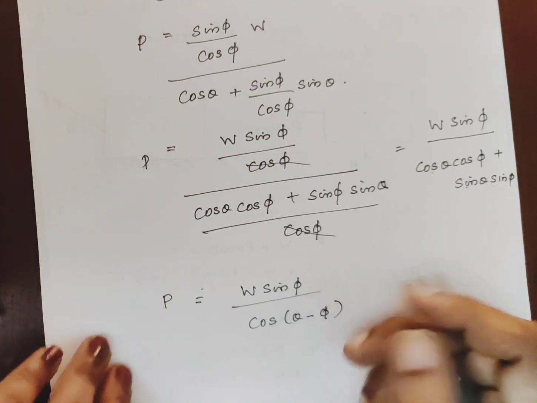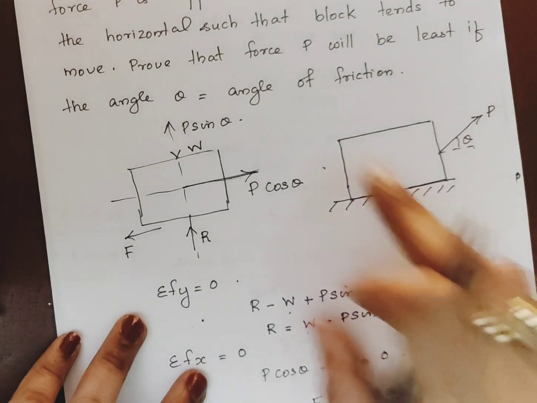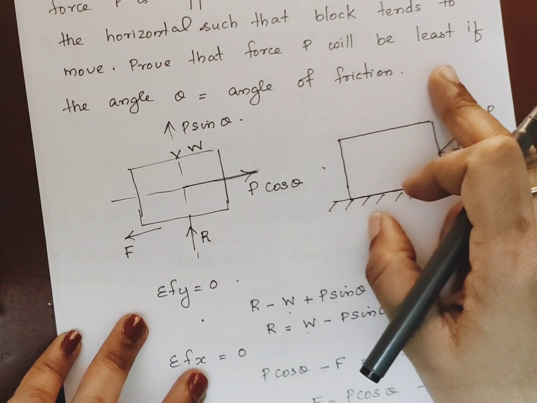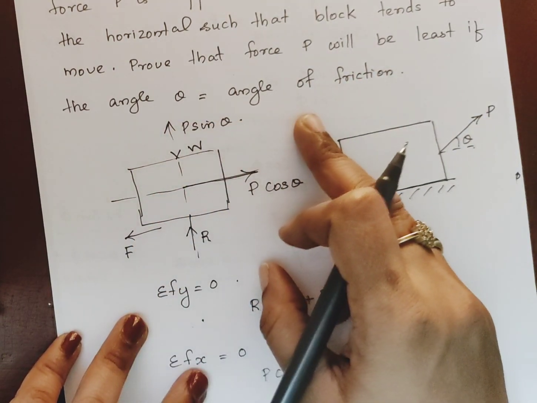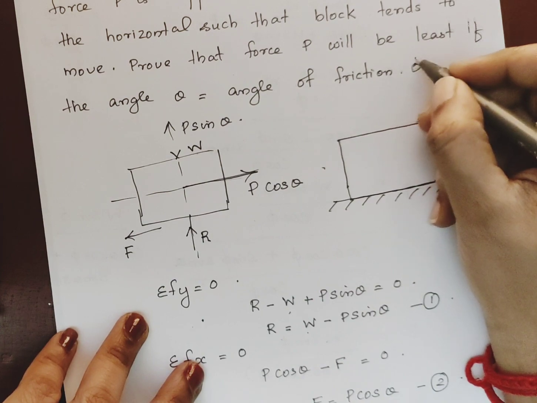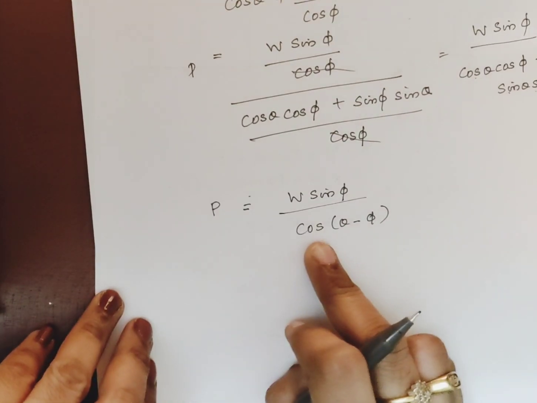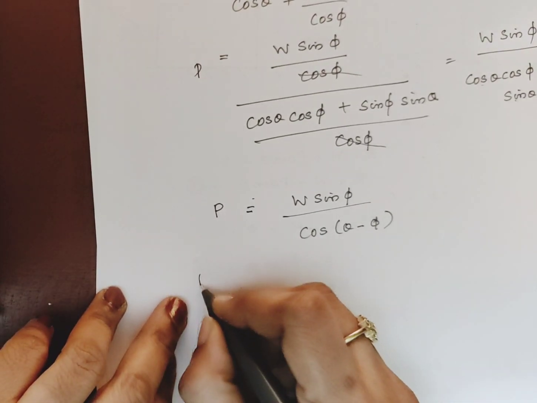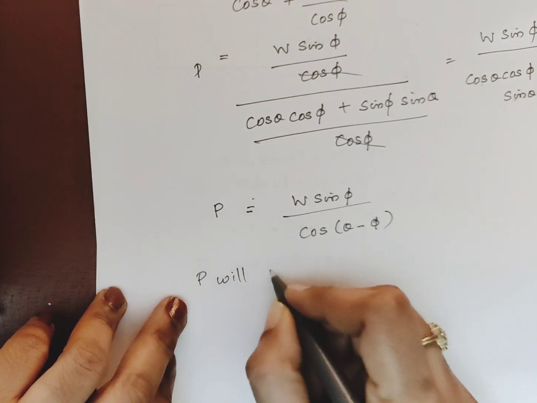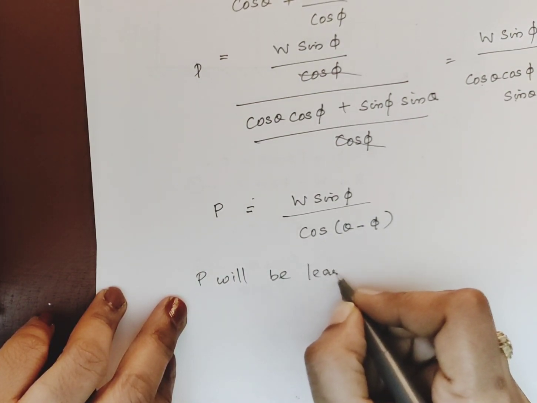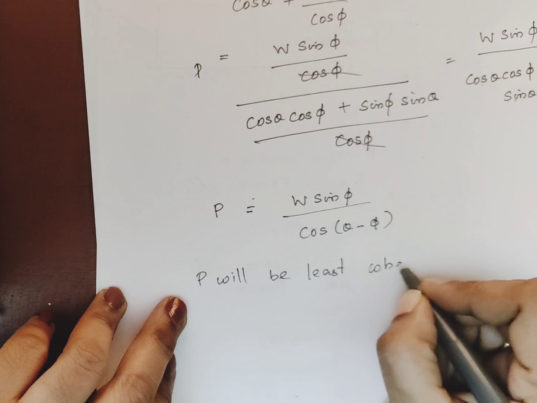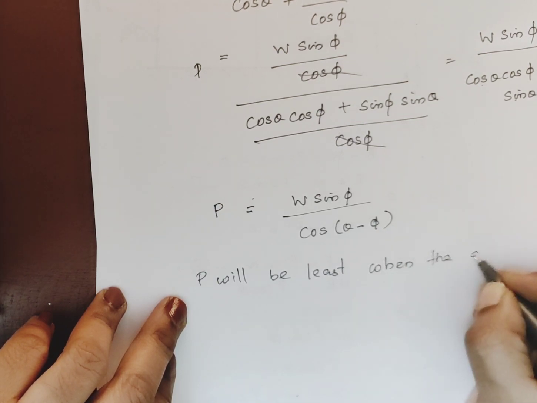W sin phi divided by this term, cos theta cos phi plus sin theta sin phi, which is cos of theta minus phi. So now in the question you have to prove that P will be least if angle theta is equal to angle of friction. Angle of friction is phi. This is equation for P. P will be least when the denominator is maximum.